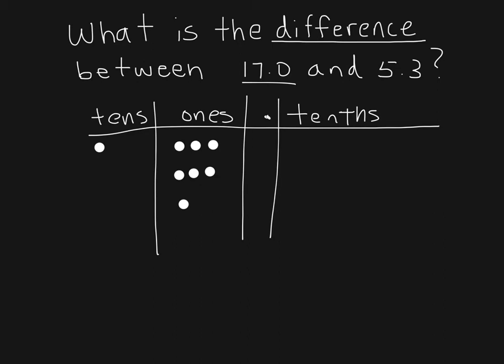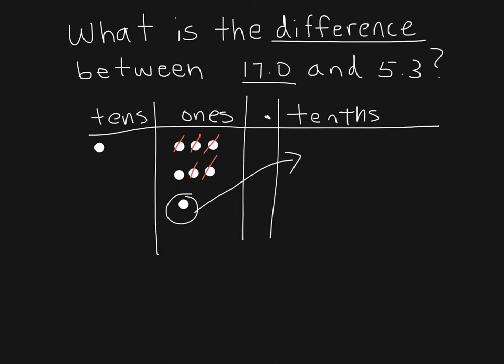So I'm going to go back, and I want to cross off 5 ones. 1, 2, 3, 4, 5. And I want to cross off 3/10, but I don't have 3/10. I don't have any tenths. So I'm going to have to take one of these ones and move it over here.